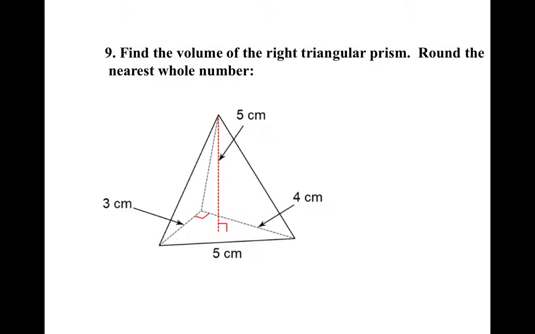Number 9. Find the volume of the right triangular prism. Round to the nearest whole number. And this is actually a pyramid. I think I said prism, but it's actually a pyramid. Right triangle pyramid. Just like with the last figure, since this is a pyramid, we're still using the formula V equals 1/3 big B times H. Our B is a triangle.